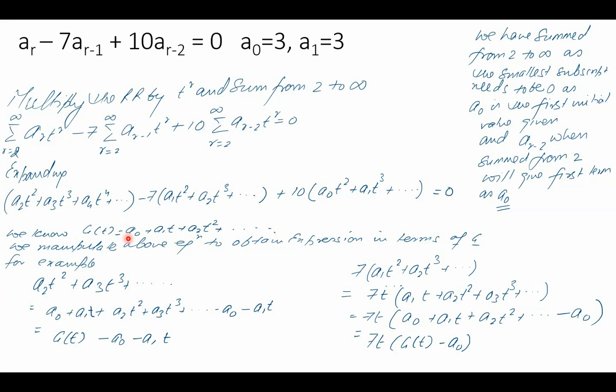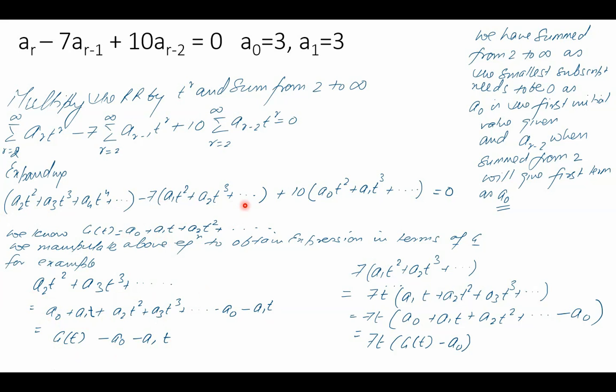What is missing is the terms a_0 and a_1 t. So I can simply add a_0 plus a_1 t over here and then subtract a_0 and a_1 t from here. So this expression essentially will remain the same. But now this portion of the expression is a representation of g(t). So this now becomes g(t) minus a_0 minus a_1 t.